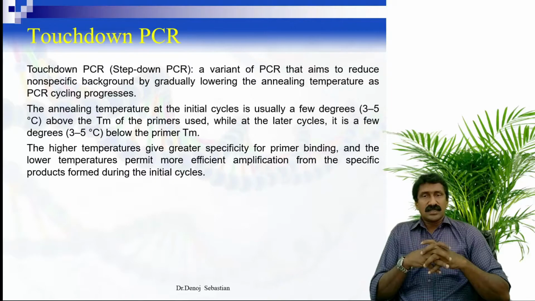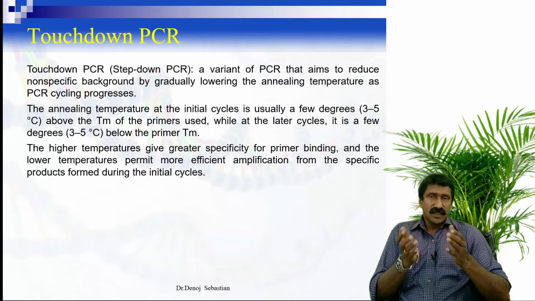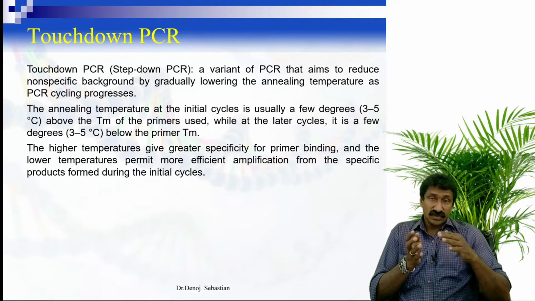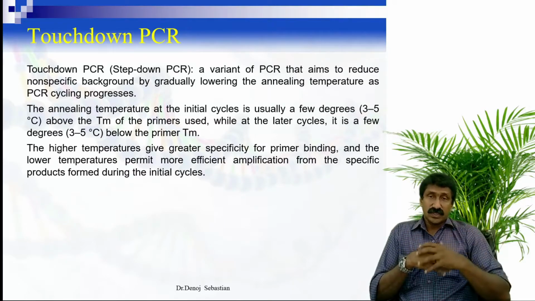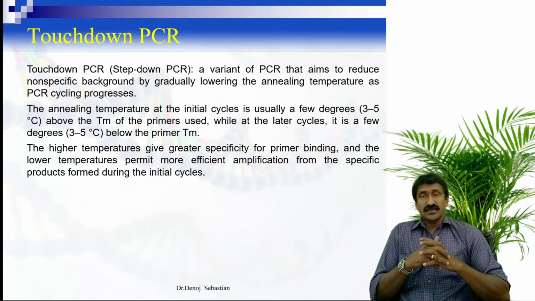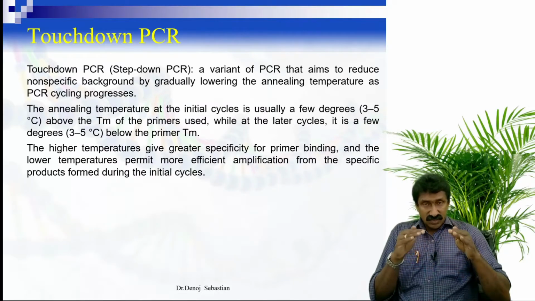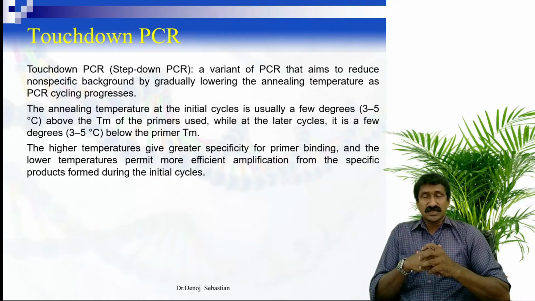When we discussed the primer design concept, we said that the annealing temperature should be about 3 to 5 degrees Celsius below the melting temperature of the primer. But that is a normal requirement for the PCR. But in touchdown PCR, we start with a higher annealing temperature than the primer melting temperature. But then we bring it down during the subsequent cycles.